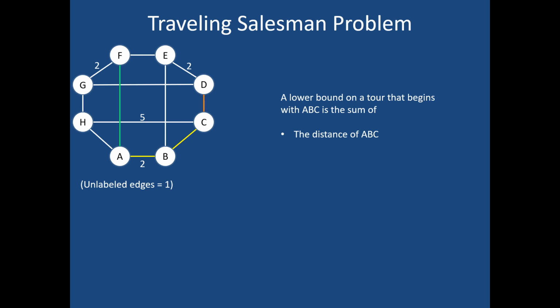Okay? Now, I'm also going to say that there's got to be an edge from A out that goes to some unvisited vertex. There's got to be some edge that goes from A to H, G, F, E, or D. Right? So just to be conservative, to get a lower bound, we'll say that we're going to add in the lightest edge that goes from A to an unvisited vertex.